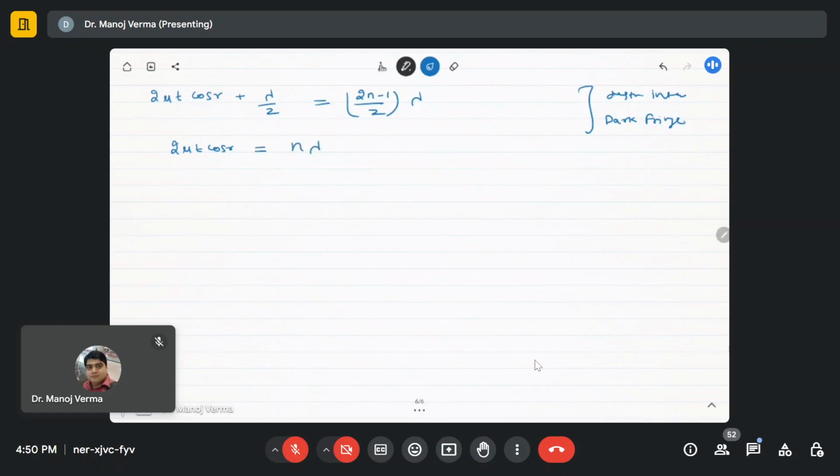The plus lambda by 2 terms combine and only n lambda remains. Cos r I can again write as 1, cos r is equal to 1 as normal incidence is there.